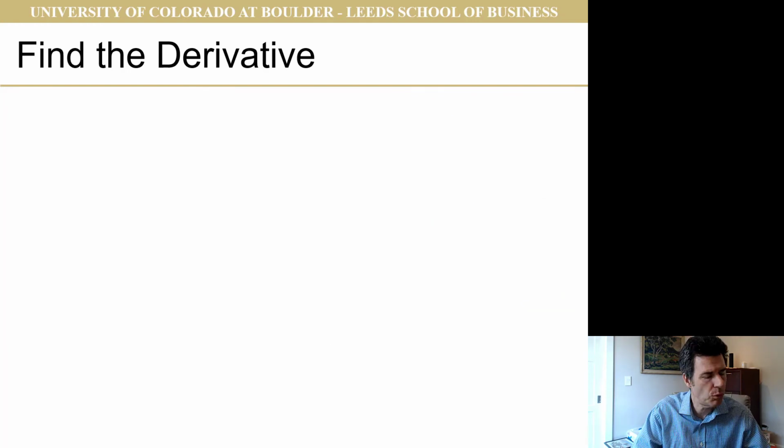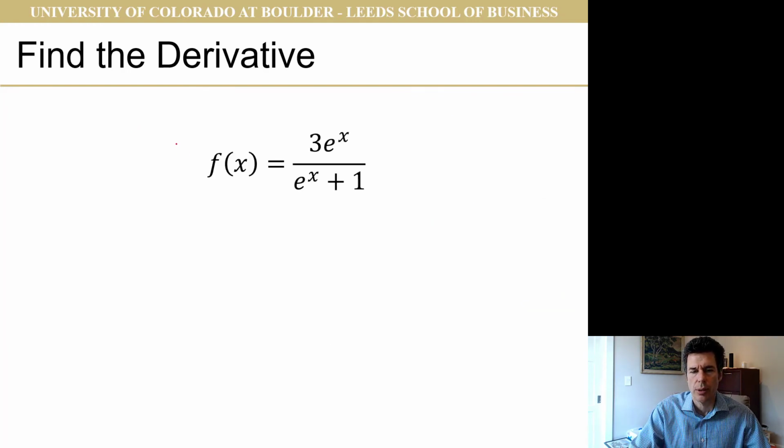And for a few more functions, we have f of x equals 3e to the x divided by e to the x plus 1. So we're putting together things we learned before in the last class with what we're doing now.